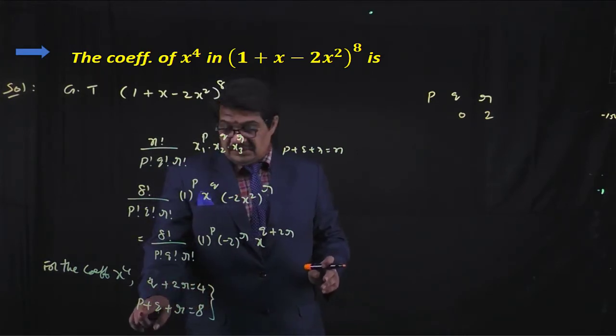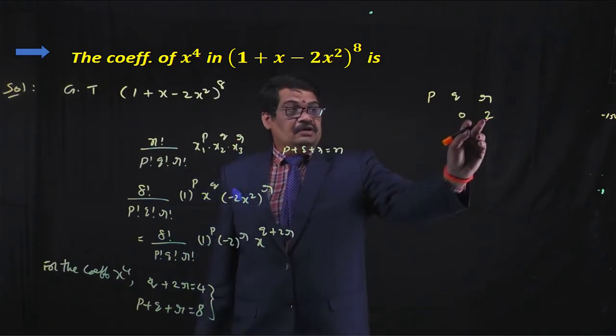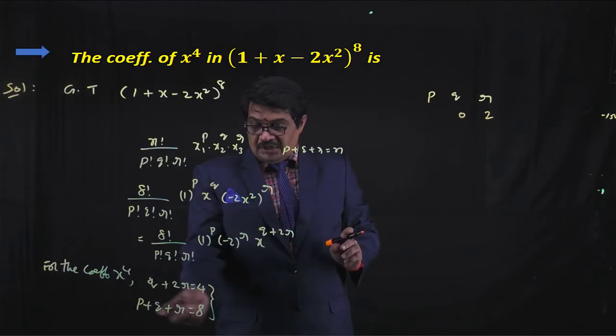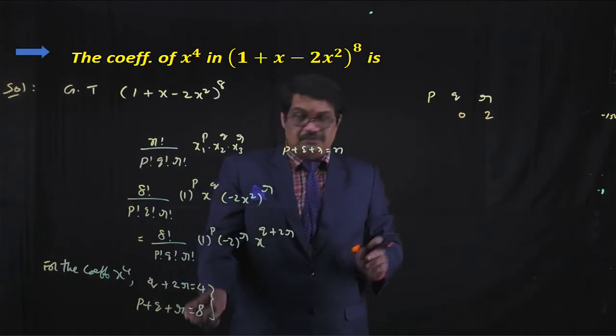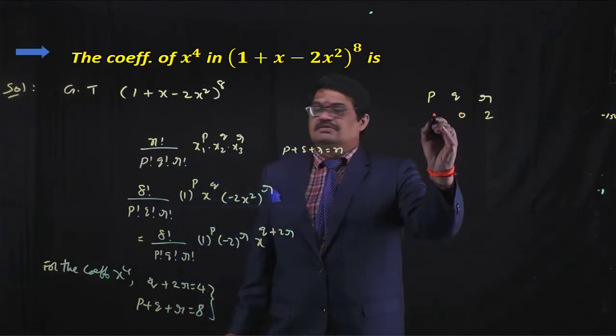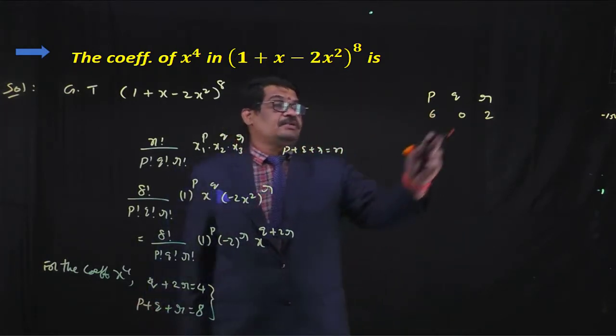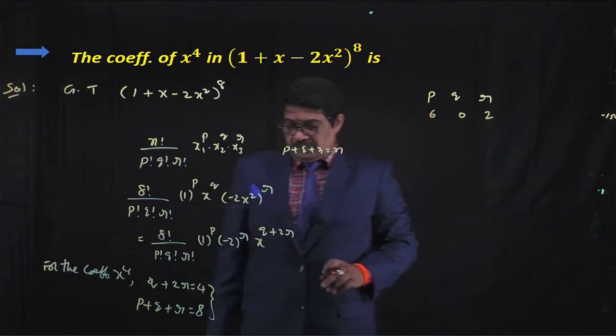This condition is satisfied, and p plus q plus r equal to 8 is satisfied when q is 0, r is 2 and p is 6, because 6 plus 2 is 8.